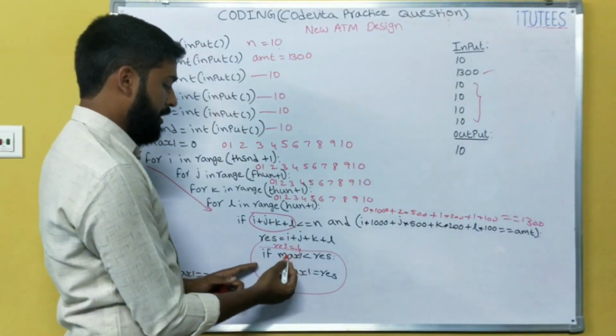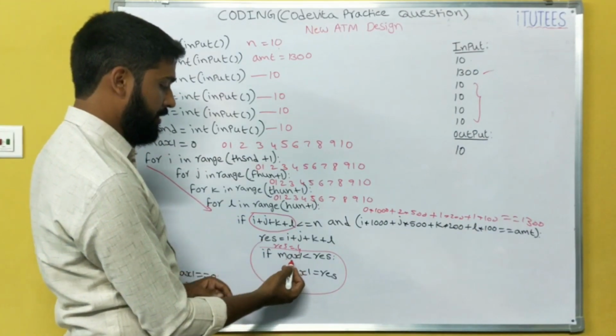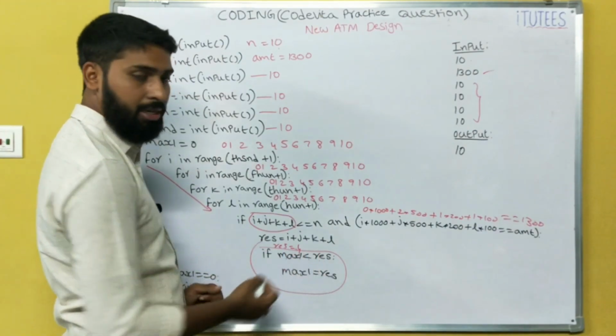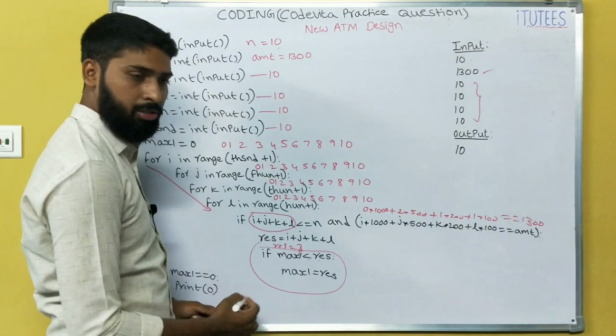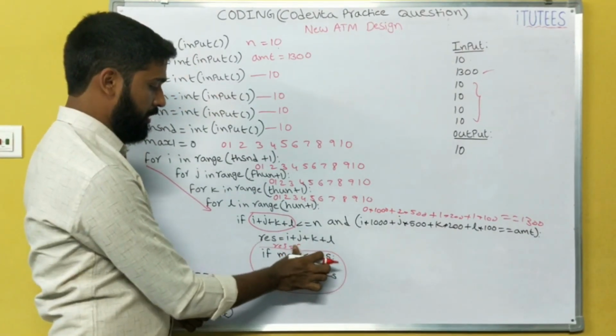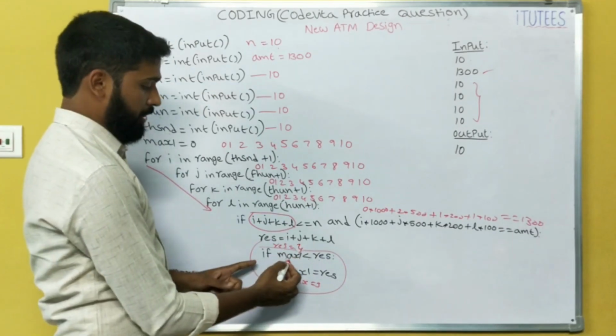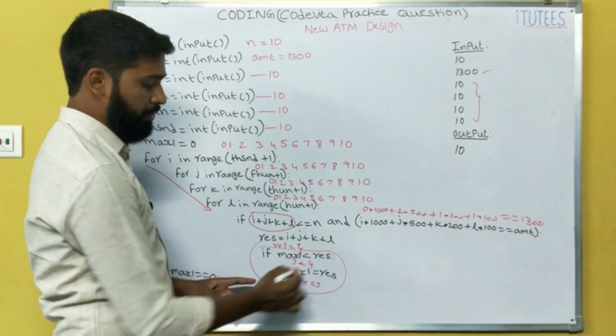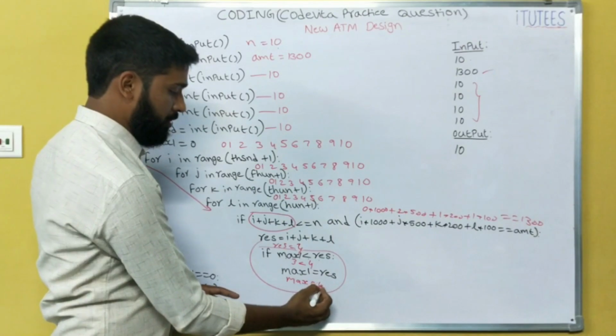When checking the maximum, in the first case result equals 3, so max equals 3. In another case result equals 4, and since 3 is less than 4, max equals 4.